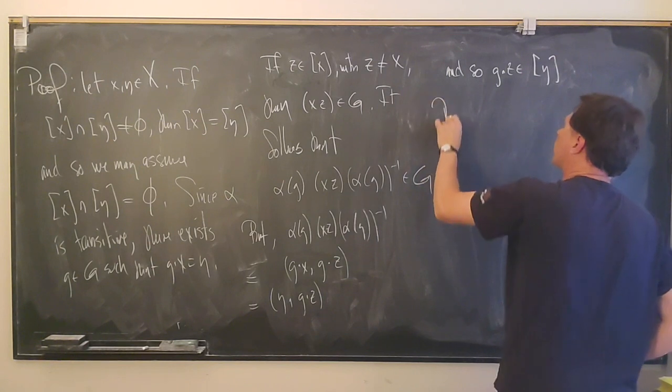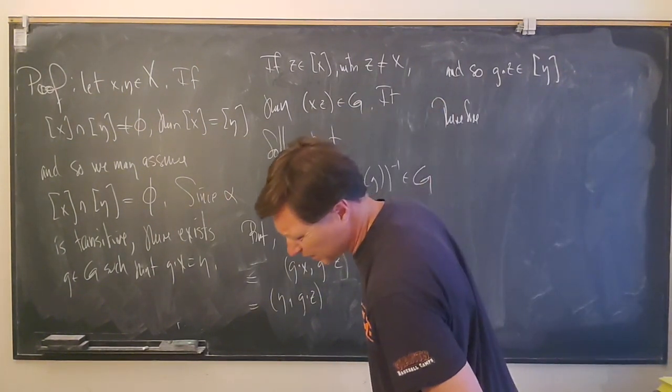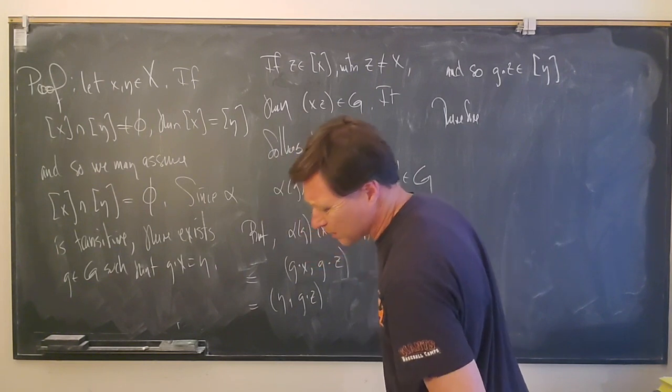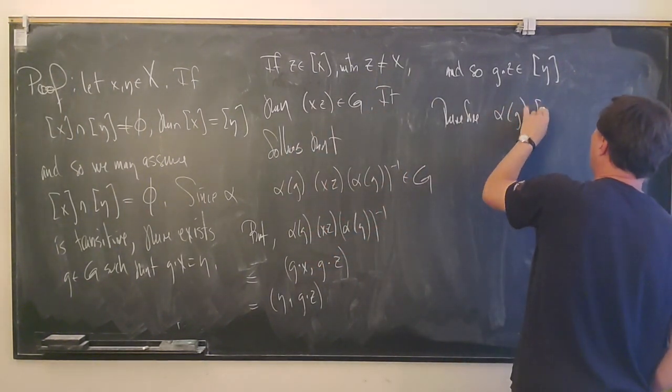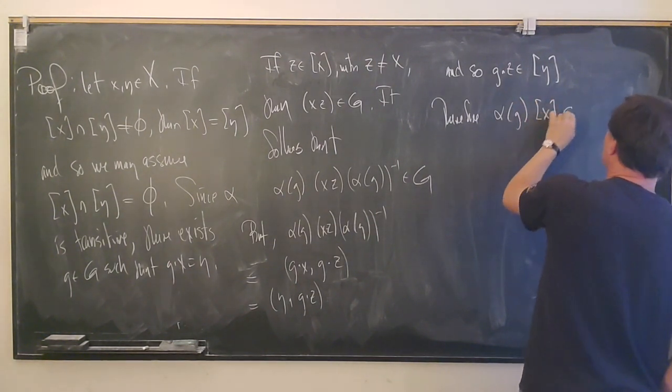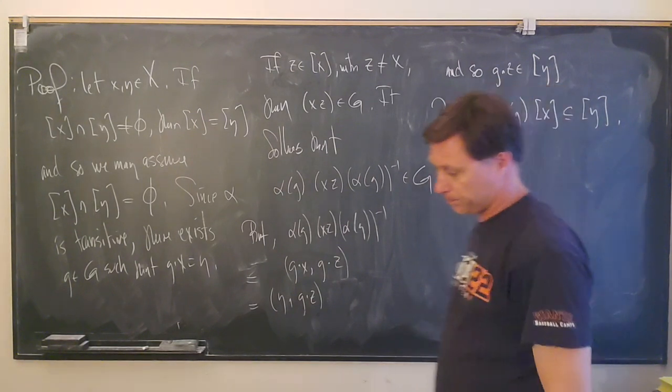Therefore, well, now I've got to write it in this form. Alpha of g of the equivalence class of x is contained in the equivalence class of y.